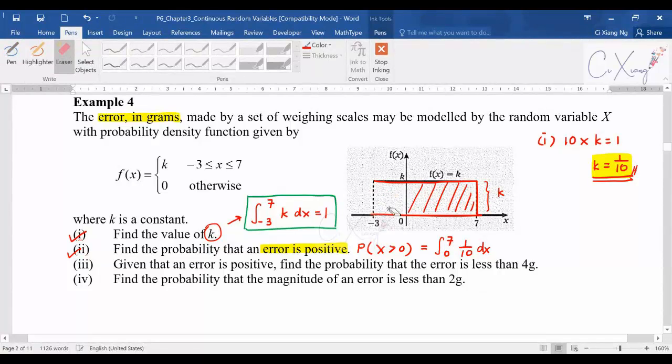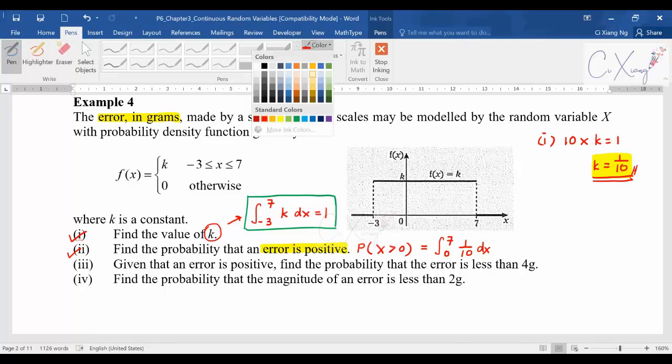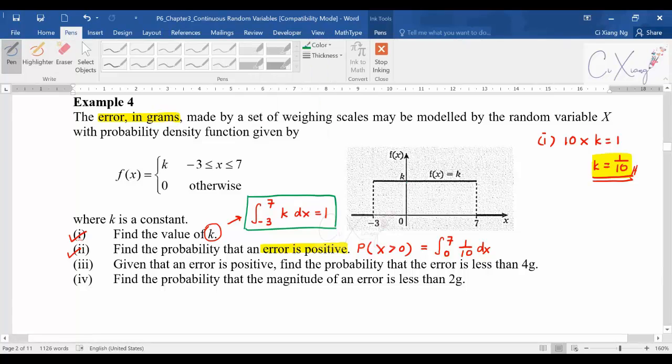Again, some students will want to use common sense. If you use common sense, where is the area that is more than 0 for the error, for the x? This is the area, because the error is positive means the value of x is positive. So sometimes you can straight away use common sense.